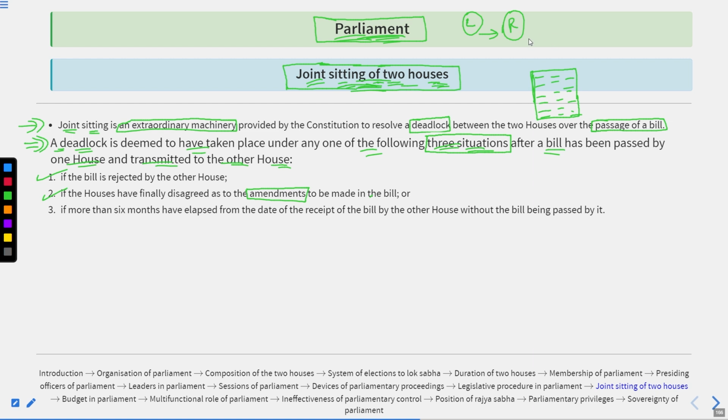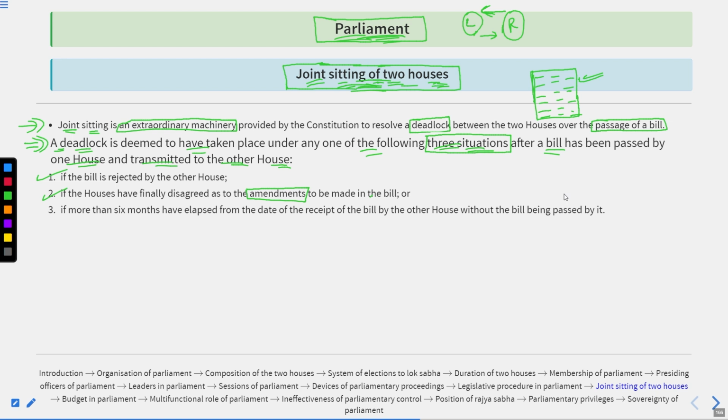Because there is a mechanism: when the bill was presented and passed in the Lok Sabha and sent to the Rajya Sabha, the Rajya Sabha is required to pass it. But if they introduce several amendments, the bill will be sent again to the Lok Sabha for further consideration. If there are 10 provisions in this bill and 5 of them got amended by the Rajya Sabha, the bill will be returned to the Lok Sabha with those 5 amendments, and it's up to the Lok Sabha whether to pass the bill with those amendments or not.